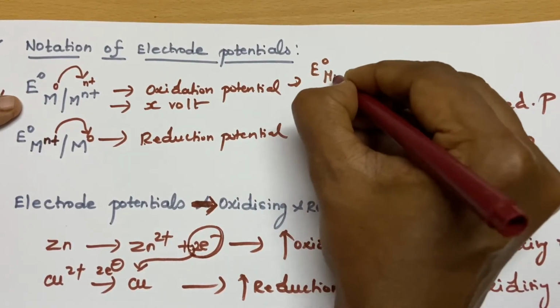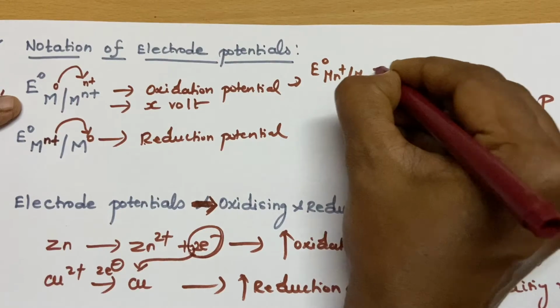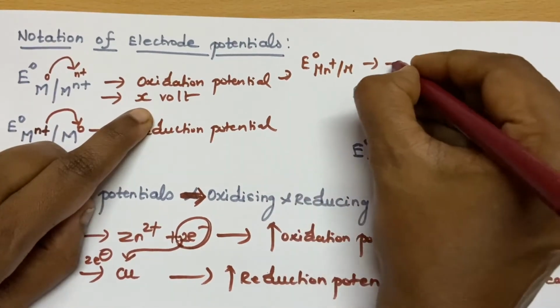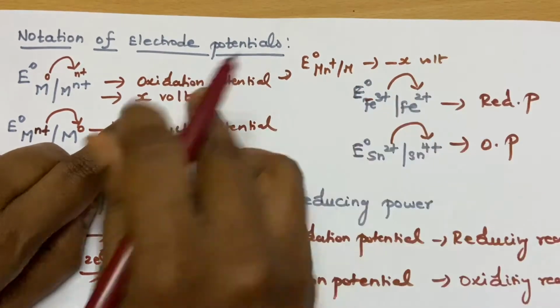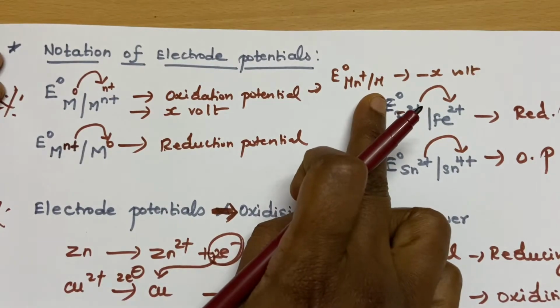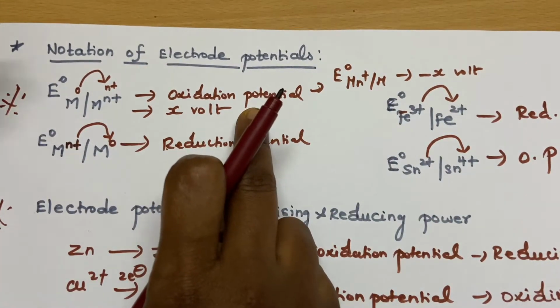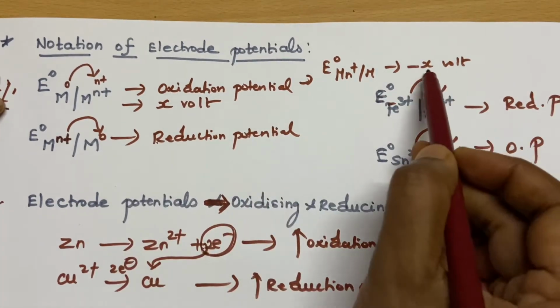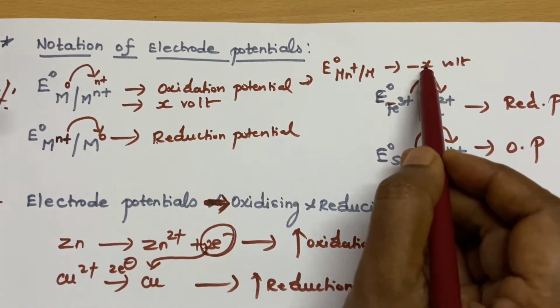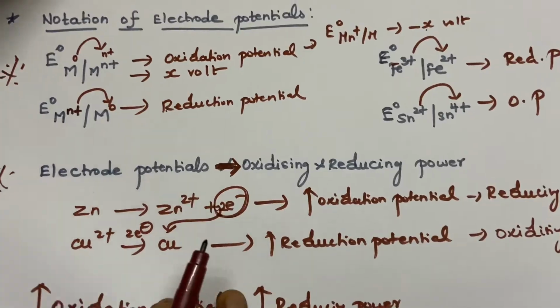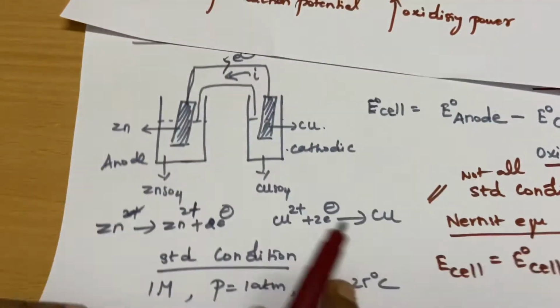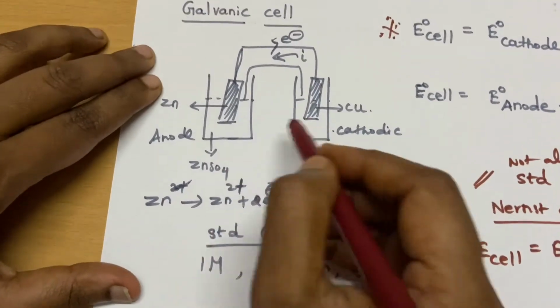Simply, to get the reduction potential, keep the same magnitude but reverse the sign. Okay students, so suppose they have given the oxidation potential and you need the reduction potential, don't worry. Magnitude is same, just reverse the sign. Okay, that's all.